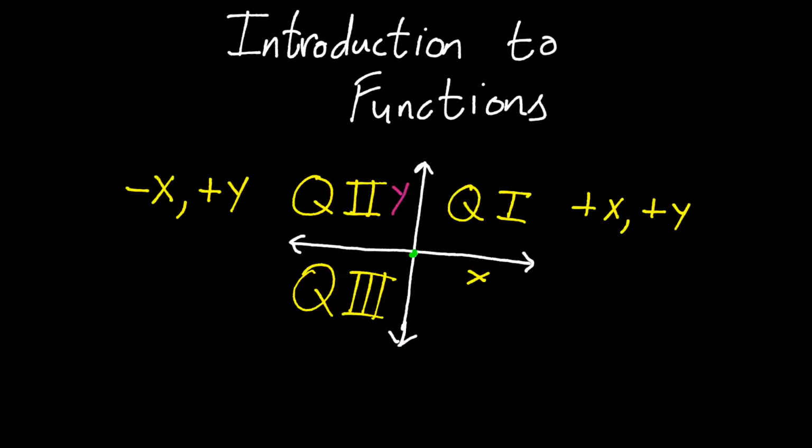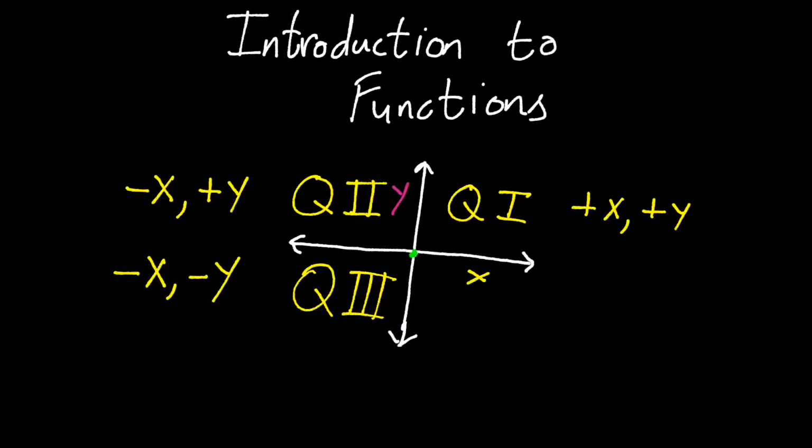Now we're in quadrant 3. All the way down here, our x values are still going to the left, so our x values are negative, and now our y values are also going down, meaning our y values are negative. So here we have, in quadrant 3, negative x and negative y values.